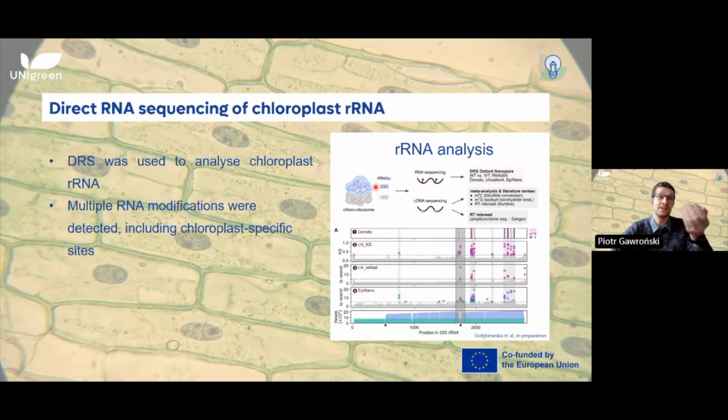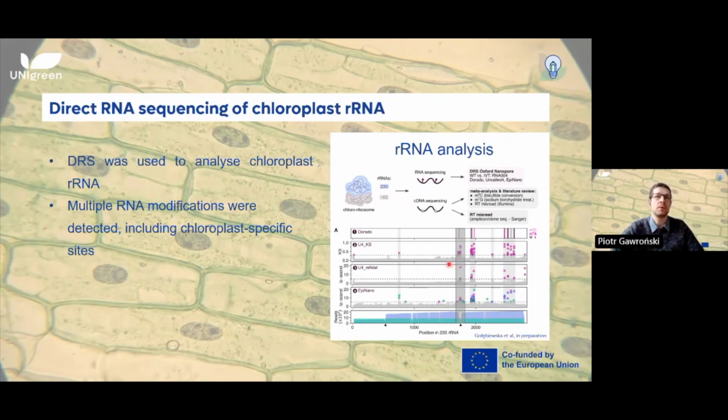And this negative control is crucial for the analysis because it allows us to compare the signal from the native molecule from the chloroplast to the molecule without chemical modifications. As a result, we generated the map of the chemical modifications in the chloroplast ribosomal RNAs, which is shown in this plot as the individual dots. And many of these modifications are conserved between bacteria and chloroplast.